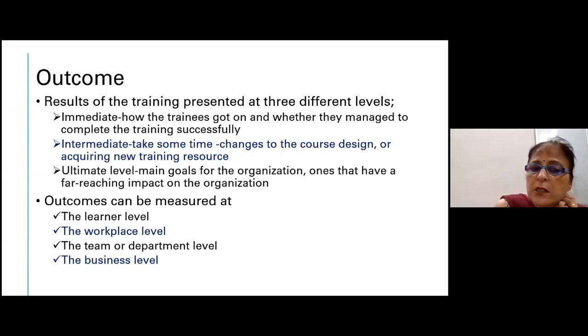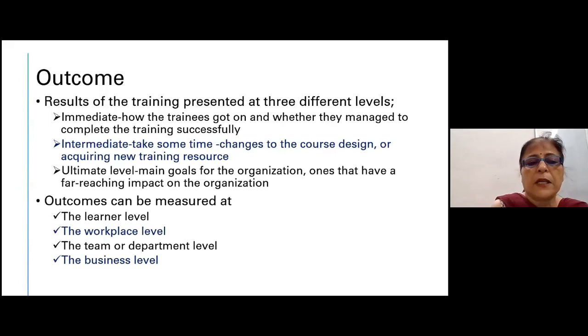Then intermediate, that would be done after some time. Like, it is not immediately done. Based upon the inputs that you get from the immediate reaction or results that you have analyzed, what changes you require for the course design, and do you need some other training resource? Was this training not good enough?